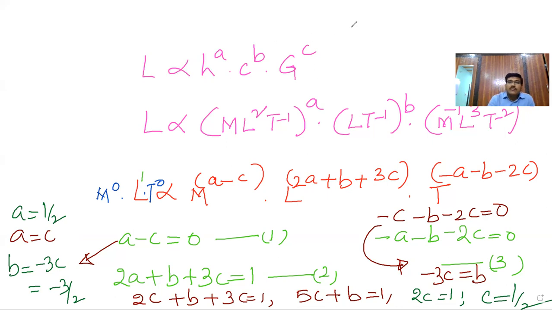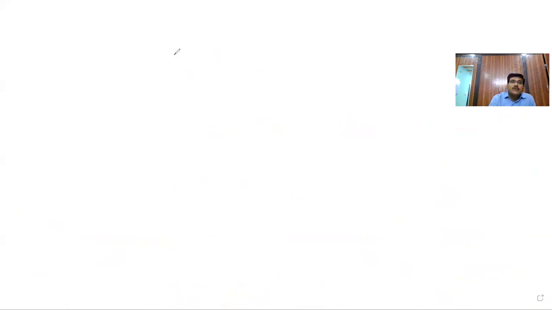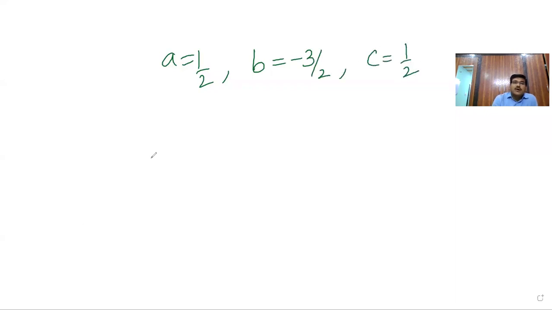So here I am putting A is equal to half, B is equal to minus 3 by 2, C is equal to half. Now I am substituting in the previous expression. L is directly proportional to H to the power of half, into C, the speed of light, to the power of minus 3 by 2, into the gravitational constant G to the power of half.